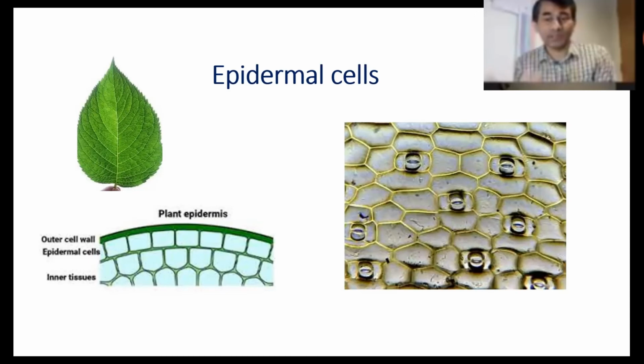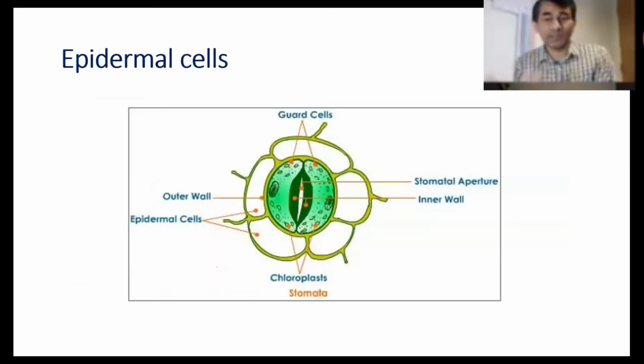Let's have a look at the stoma, and let's see what the stoma does. So this is another simplified diagram of epidermal cells. You can see the epidermal cells are surrounding the circular stoma.